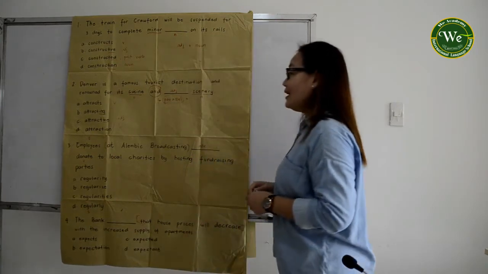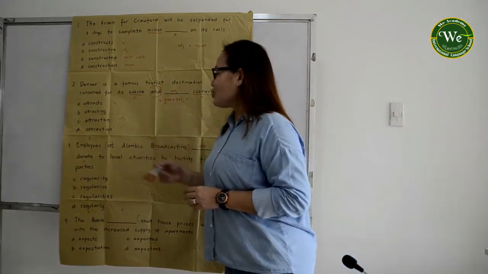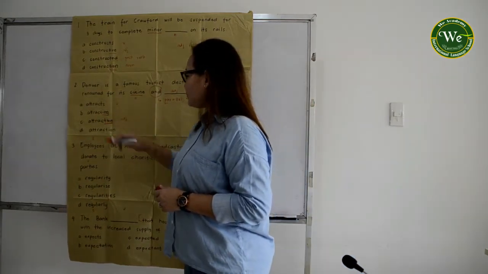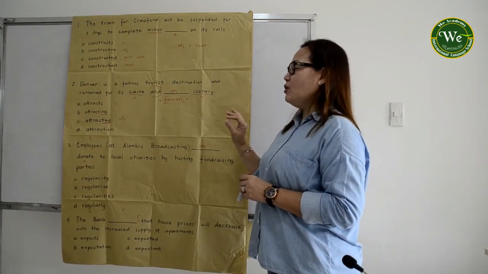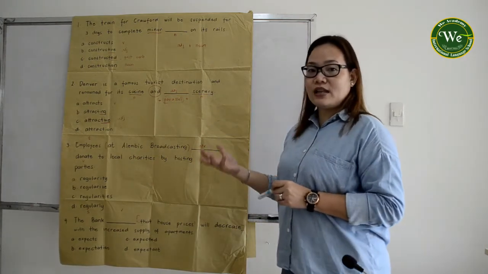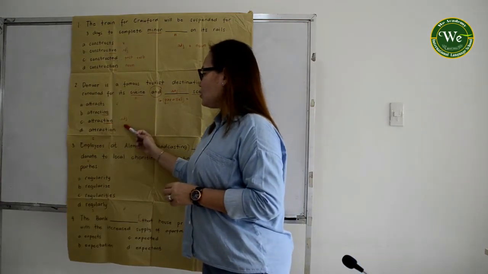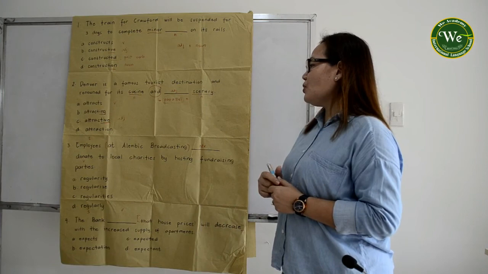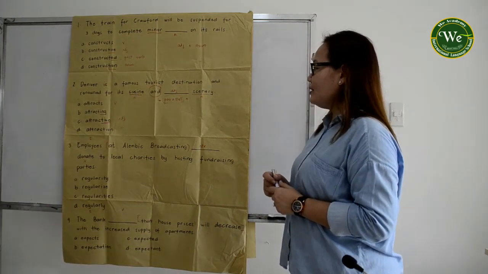Attracting, of course, is a progressive form. While attractive, you have already learned that the tive belongs to the adjective suffix, and should belongs to the noun suffix, which means that C is the right answer.